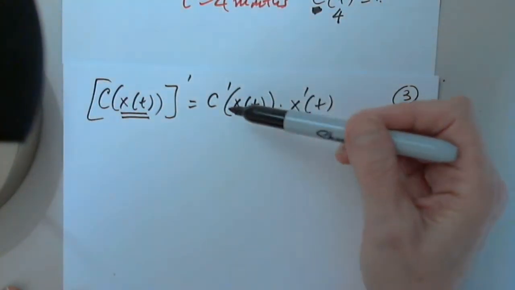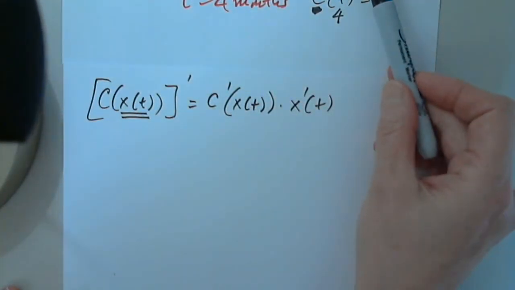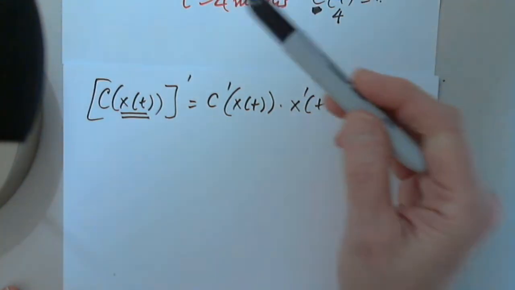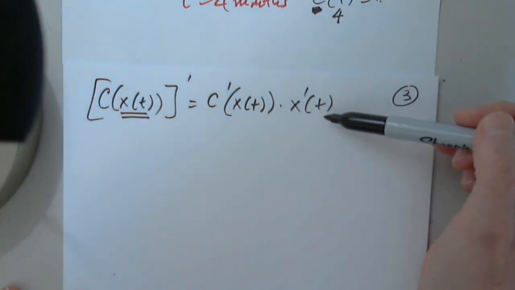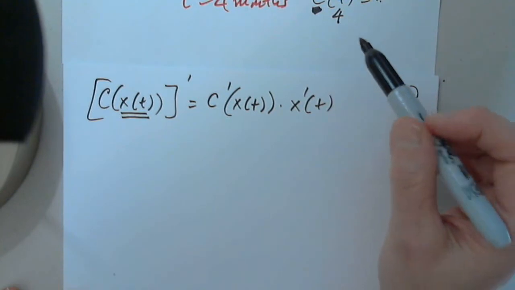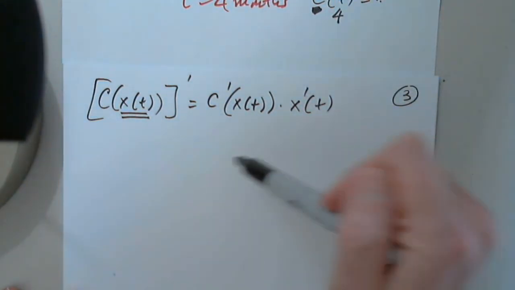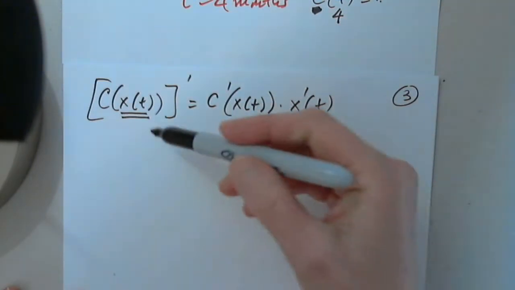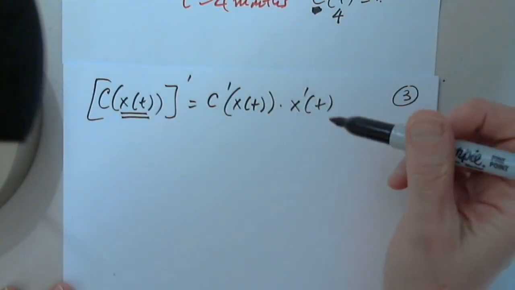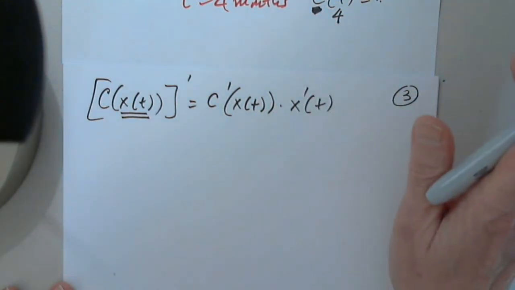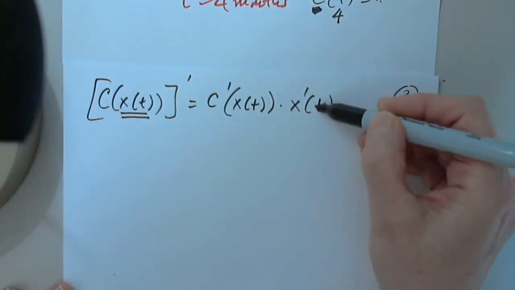So first, I will differentiate this with respect to x. Then I will differentiate this with respect to t, and make sure that at the end of the day, I only have t in this new function that I determine. I don't want to have t and x at the same time. I only want to keep t.